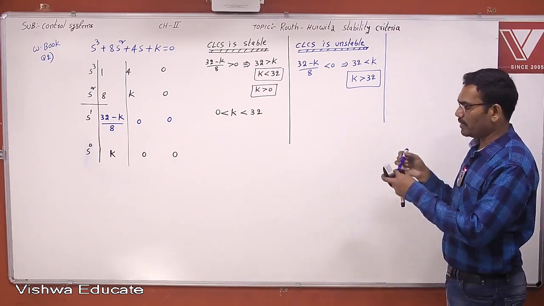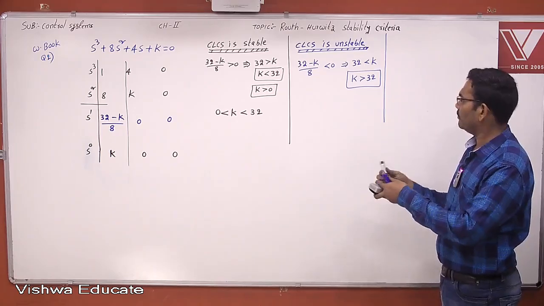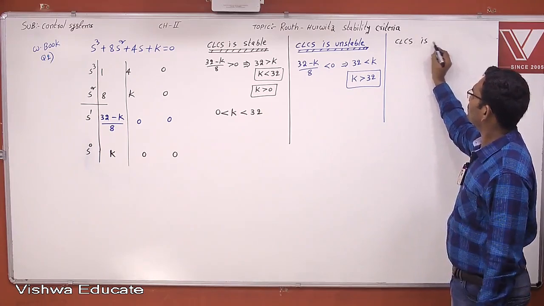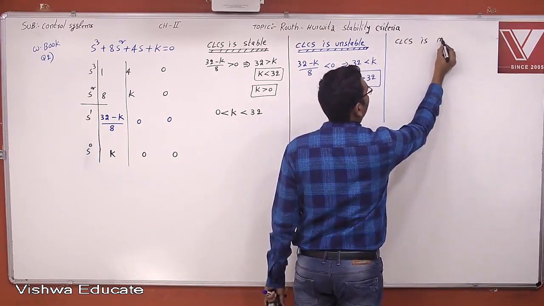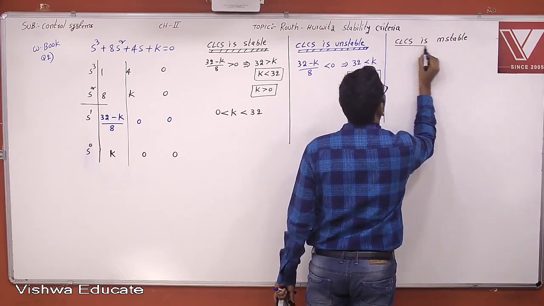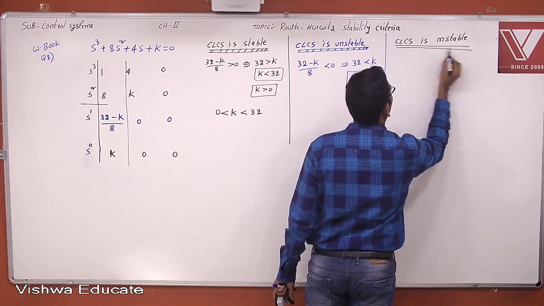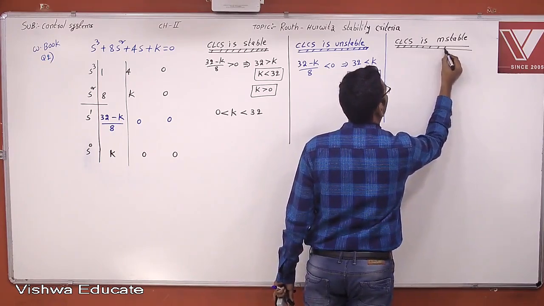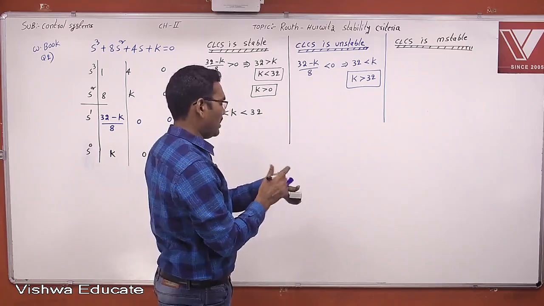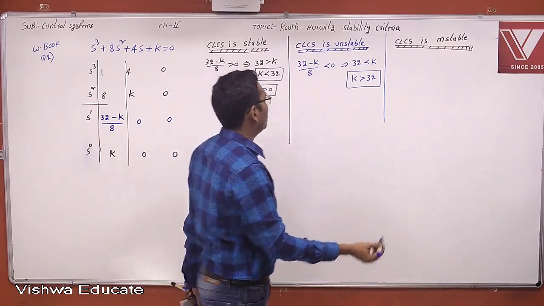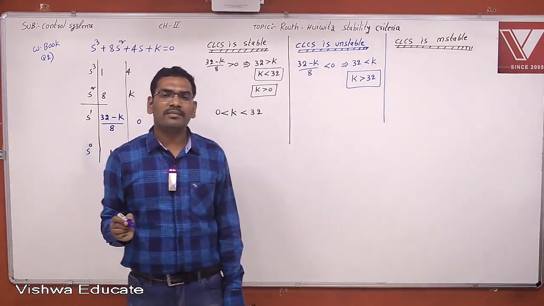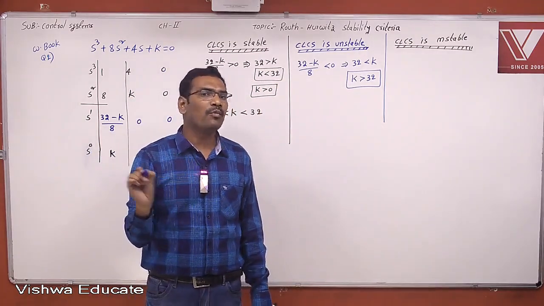Now when is the closed loop control system marginally stable? Now you know that when the closed loop control system is marginally stable, one complete row becomes 0. Am I right?